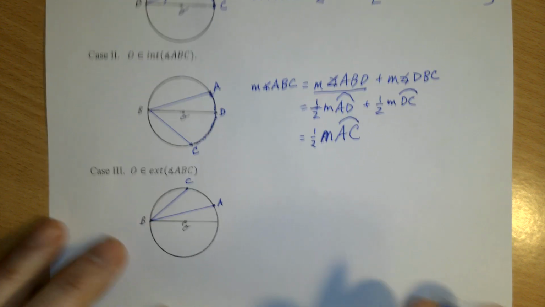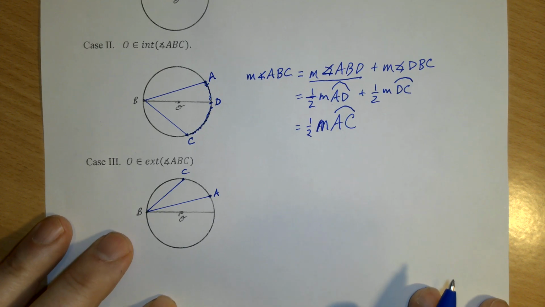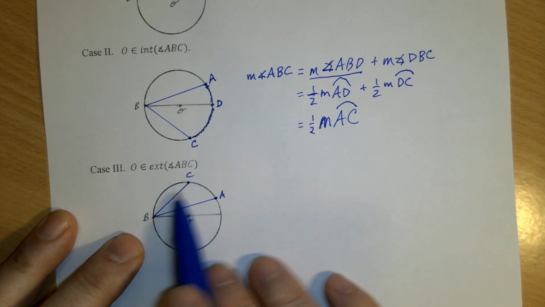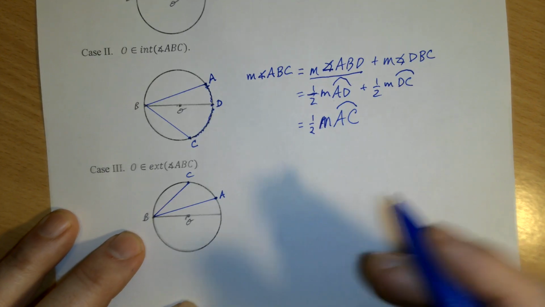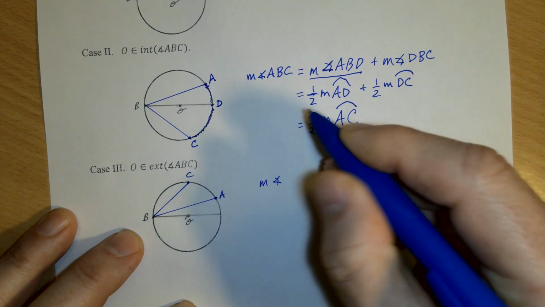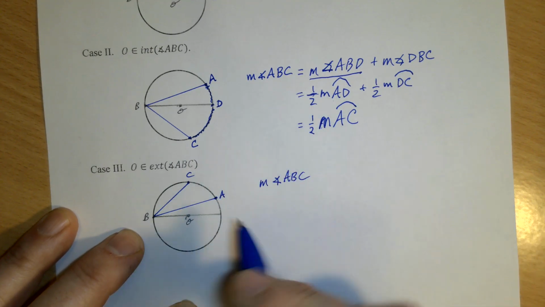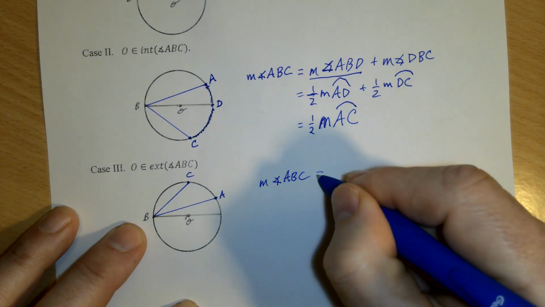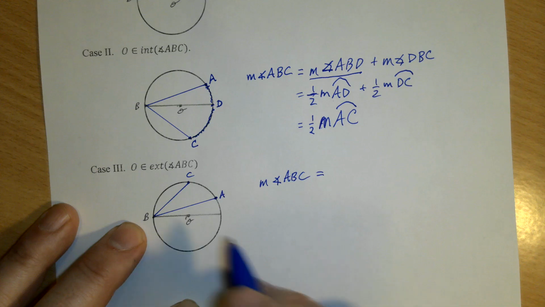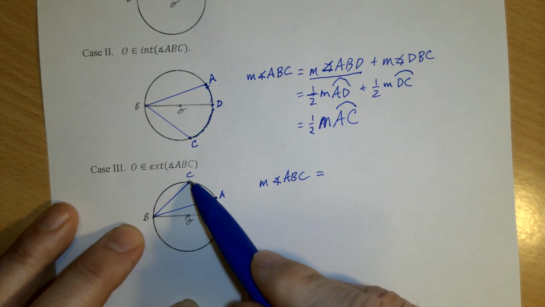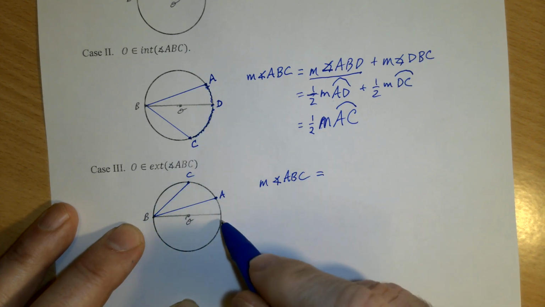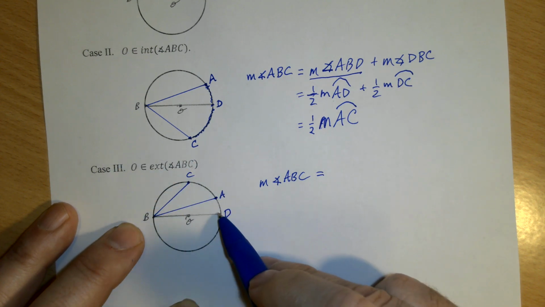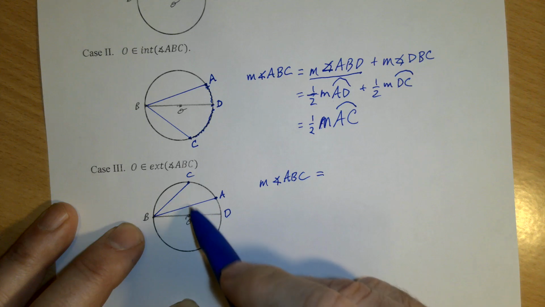Last case, we'll do pretty much something similar. In this case, the center of the circle is exterior to the angle. So, what is the measure of angle ABC? Well, by just summing adjacent angles, the measure of angle CBD is equal to the sum of the two adjacent angles here.